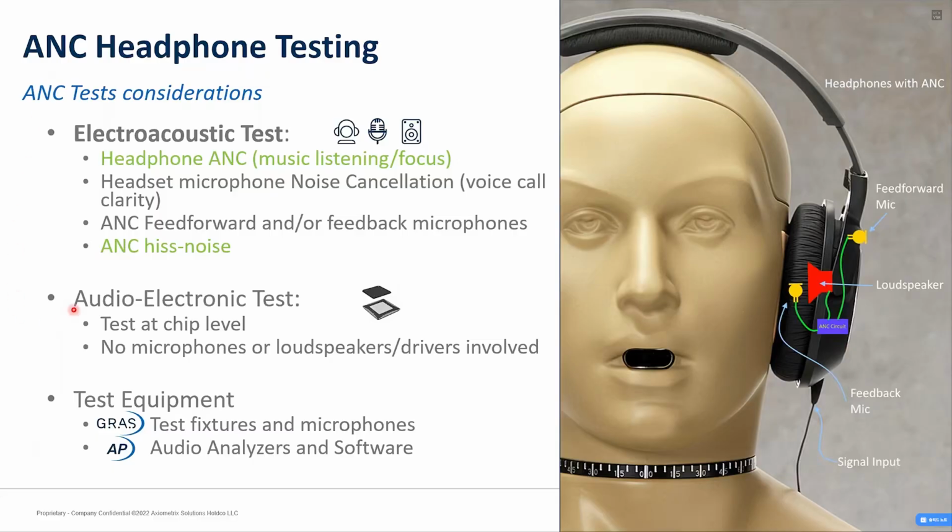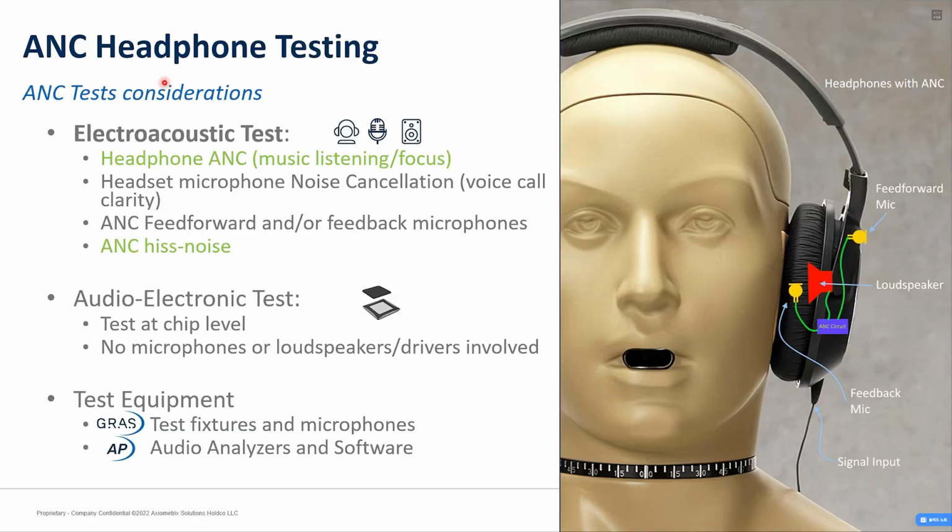If we talk on the other side about audio electronic tests, these are tests that are typically performed at test chip level. That means that there are no microphones or loudspeakers involved in the signal chain. That is when I'm connecting, for example, a signal generator directly into the inputs of my ANC chip, and then I'm taking the signal directly on the outputs of the chip with a cable, and then I connect this to the audio analyzer.